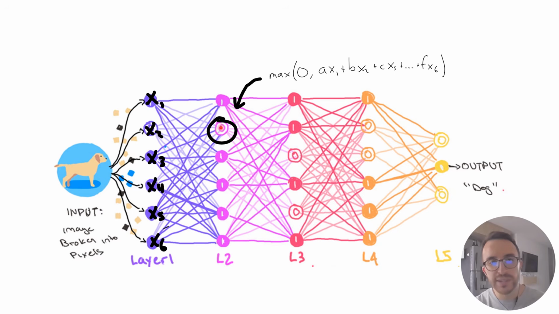And each of these nodes applies this formula. They take the incoming value x1 and multiply it by a parameter a, the incoming value x2, multiply it by a parameter b, etc., and then add all of that up, and then do a max operation, comparing it to 0. So this entire neural network has this formula at each node, and each node has its own version of A, B, C, D, E, F, etc.